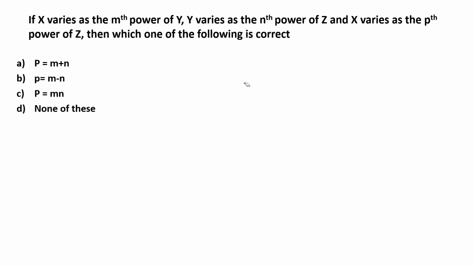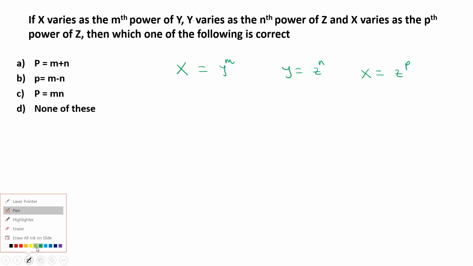So just neglect that variable and take the mth power of y. When x varies as the mth power of y, just take x equal to y power m. And y varies as the nth power of z, and y is equal to z power n. And x varies as the pth power of z, that means z power p. Which of the following is the correct relation? We need to find the correct relation.